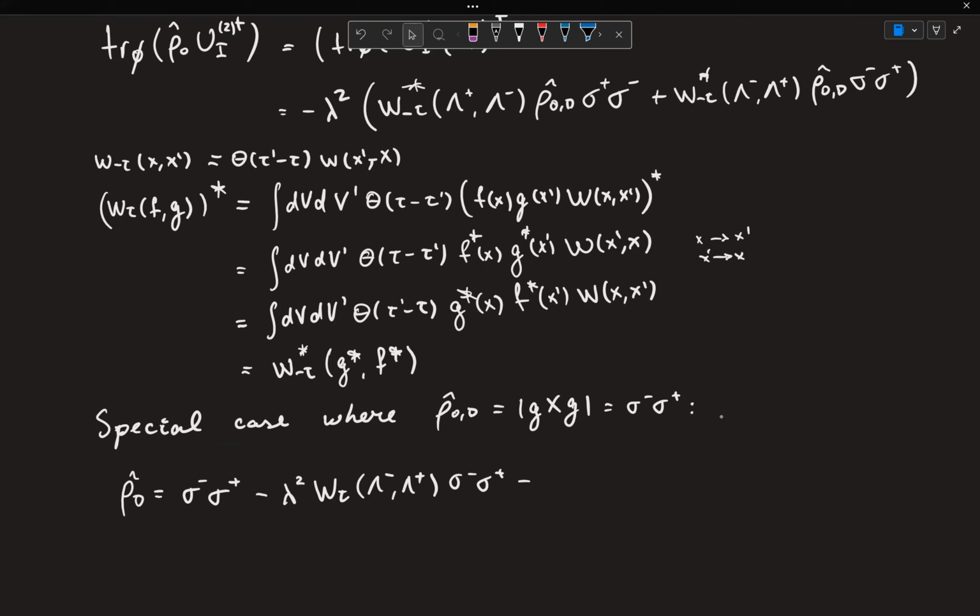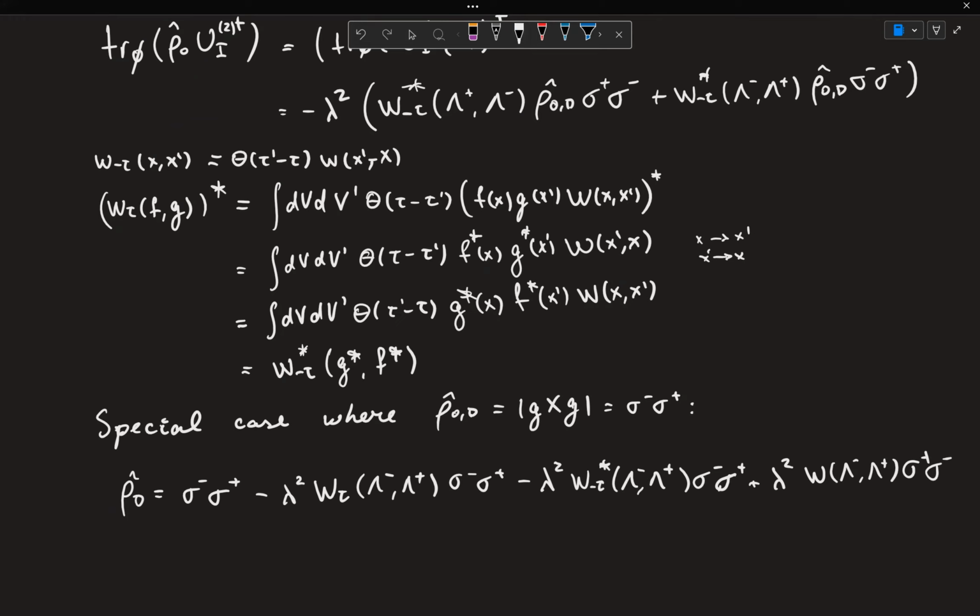Then you're going to have the other term, which is the lambda squared W minus tau star lambda minus lambda plus as well, sigma minus sigma plus. And then we get the last term, the only one that survives from the 1 terms, which is going to be W lambda minus lambda plus sigma plus sigma minus.